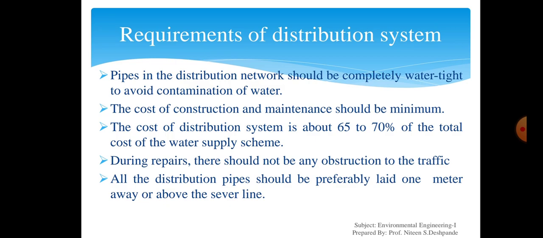This point is also very important, that the distribution pipes should be at least 1 meter away from the sewer line, so as not to get the water mixed if there is a leakage in any one of the lines, whether it is a sewer line or a water line.